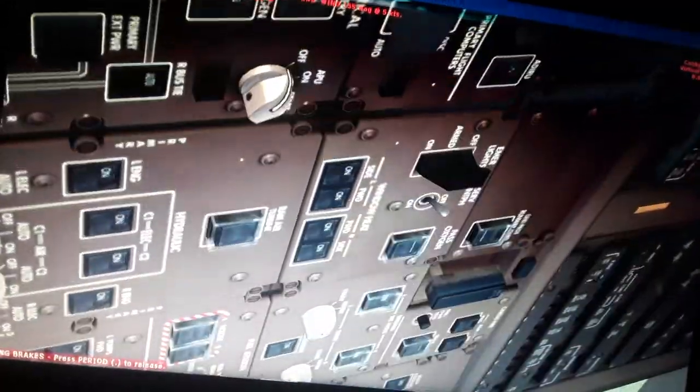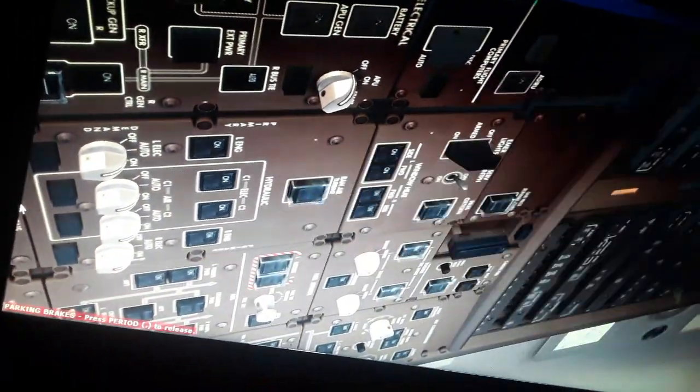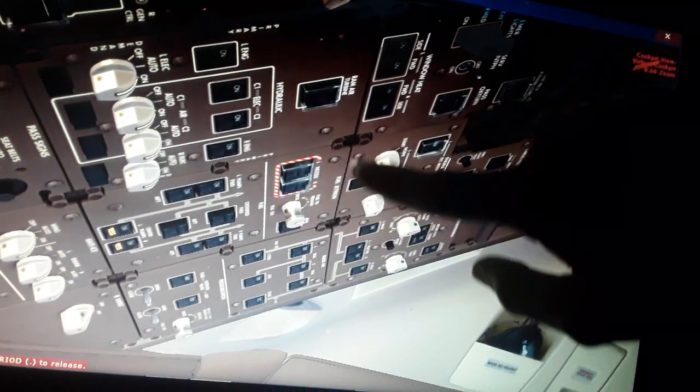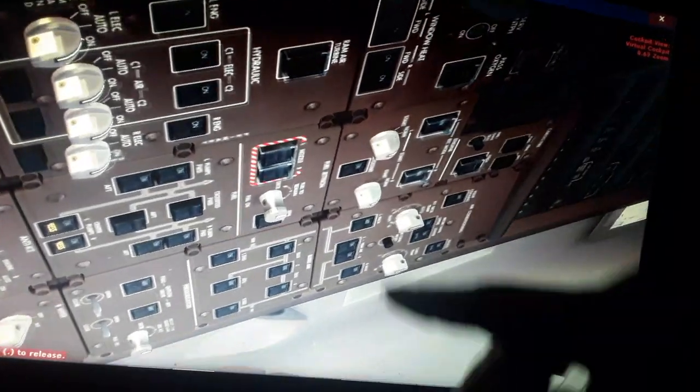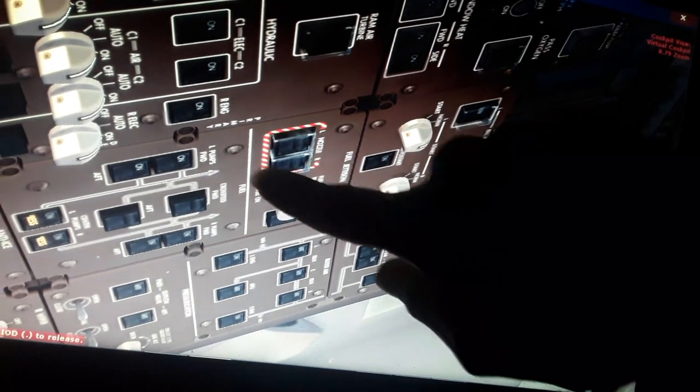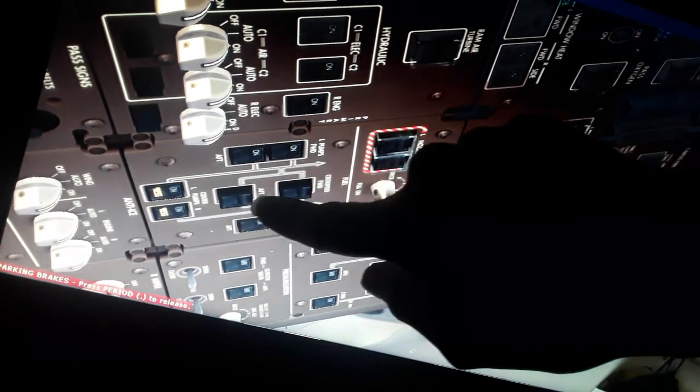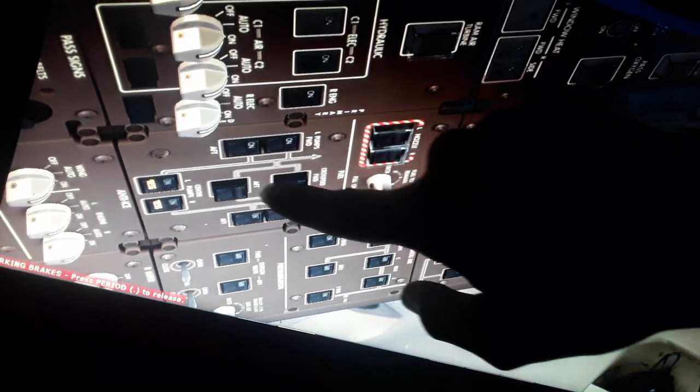This is the passenger oxygen, the ram air turbine, the electronic engine control for the engines, the EEC, and the auto start system for the left and right engine. This is the fuel system, the left wing and the right wing, and the center tank, and the fuel booster pumps for the engine feed line, also the crossfeed valves between the left and the right wing.